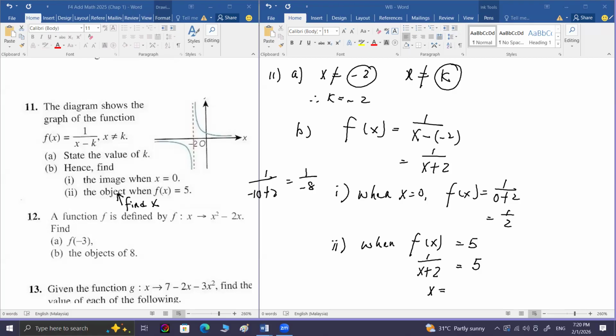Okay, wait now, I'll show you. Wait now, I'll check with the MS one for a while, class. Wait for me for a while. 1 per alphabet X plus 2 alphabet equal 5.